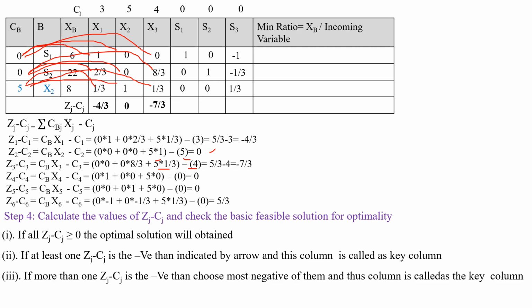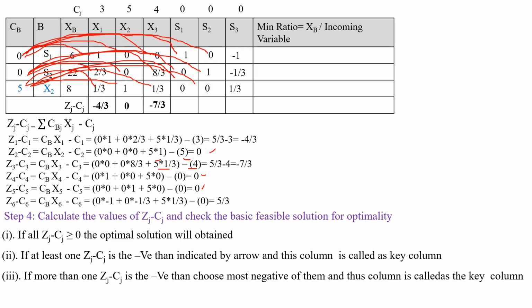Next one is Z4 minus C4 for the S1 variable, that is 0 into 1 plus 0 into 0 plus 5 into 0 minus 0, which is equal to 0. Next one is Z5 minus C5 for the S2 variable, that is 0 into 0 plus 0 into 1 plus 5 into 0 minus 0, which is equal to 0.